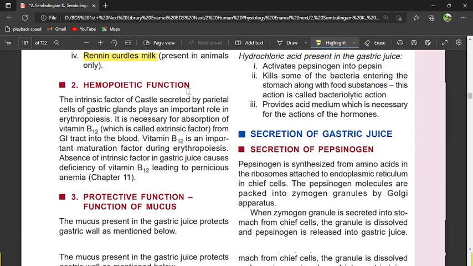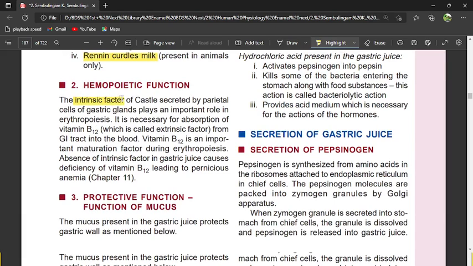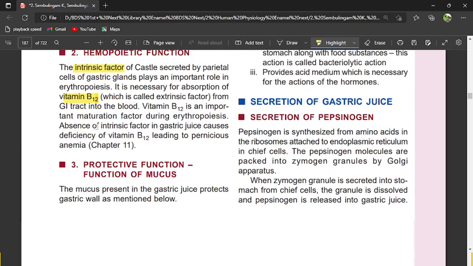Hemopoietic function. The hemopoietic function is the intrinsic factor of Castle, secreted by the parietal cells. Okay, the important role. You must have heard of intrinsic factor, which is important for B12. It is also called the extrinsic factor, which comes from the GI tract.